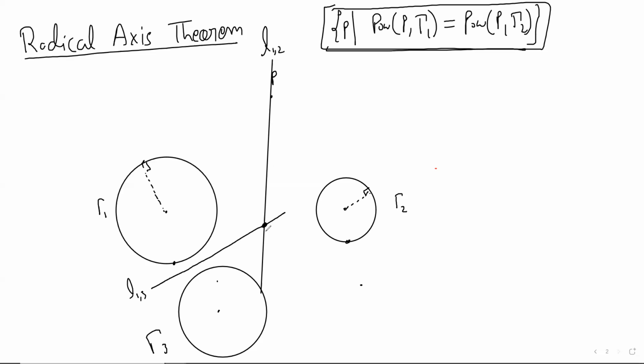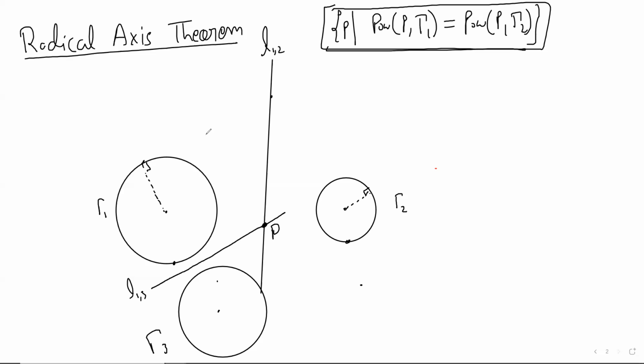Now, what do you know about this point? Let's call this point P. Just come back and see that there are three circles. I've drawn one line, L1,2, the radical axis of gamma 1 and gamma 2, and L1,3, the radical axis of gamma 1 and gamma 3.